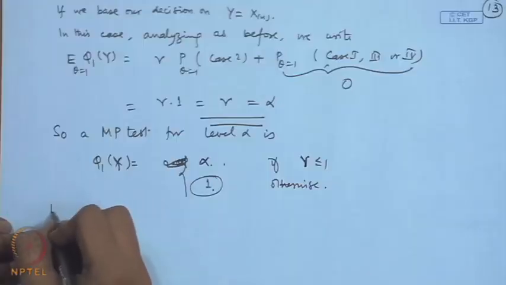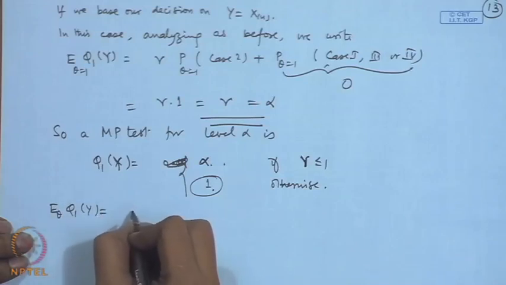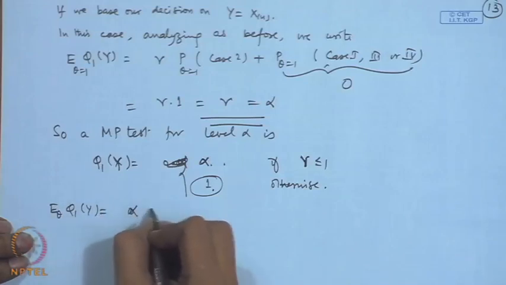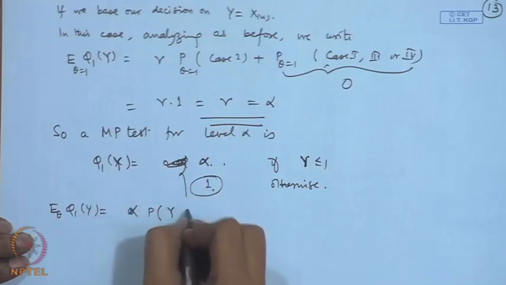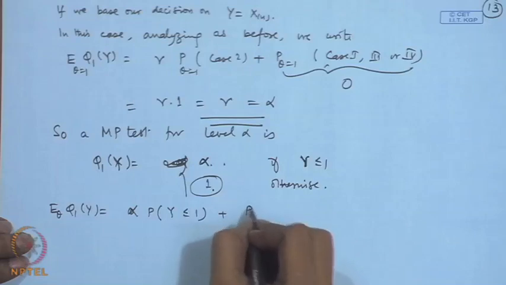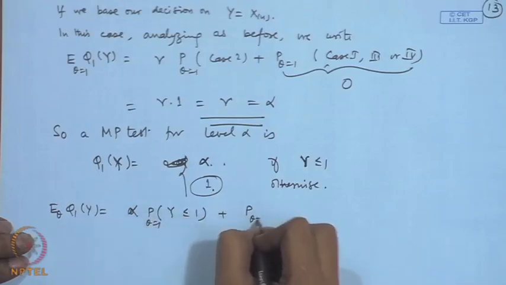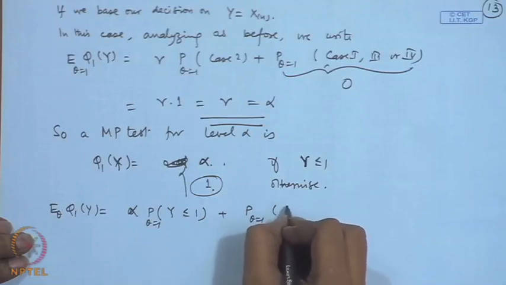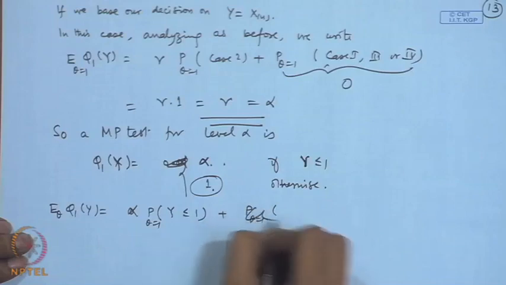We may also consider the power function here. So, for example, the power function is equal to alpha into the probability of, say, Y less than or equal to 1, plus the probability, so here I am taking theta equal to 1, into, so those cases will not occur, this will have probability 0.